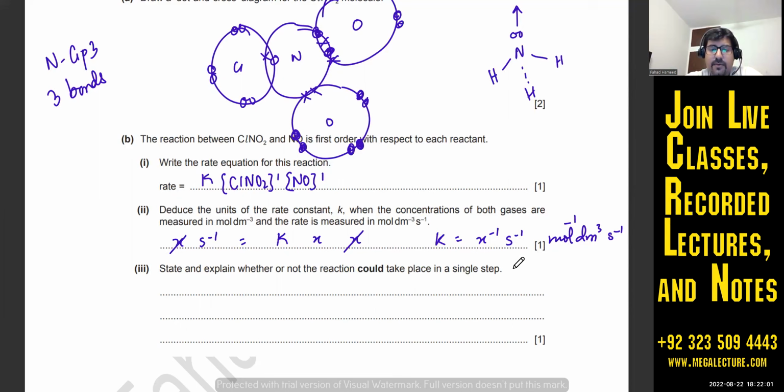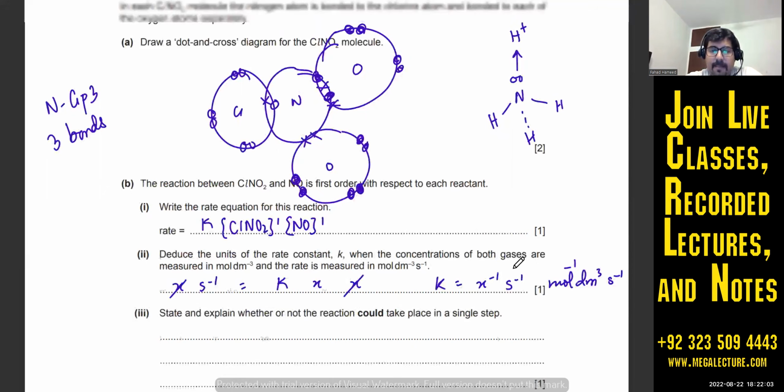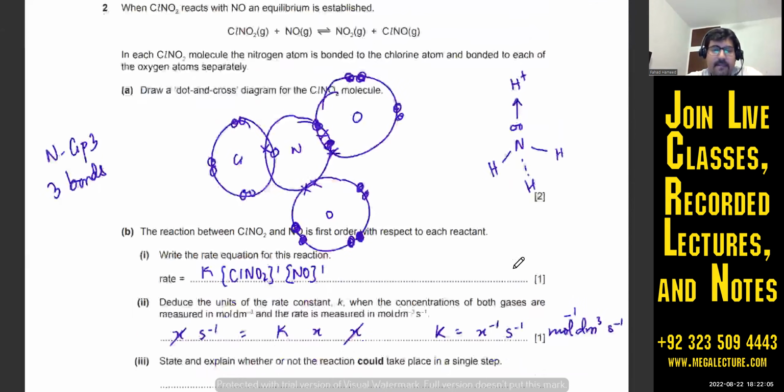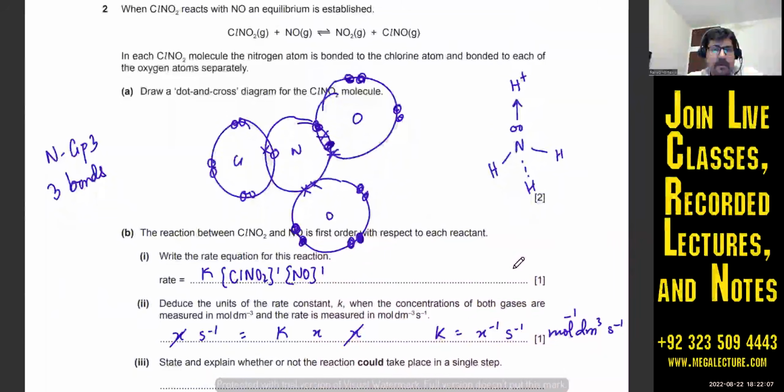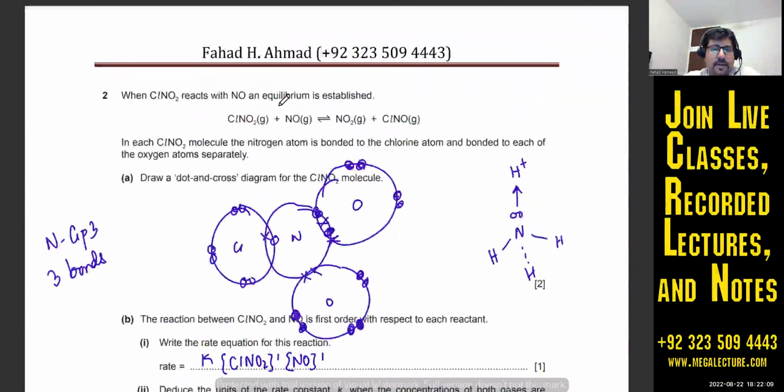State and explain whether or not the reaction would take place in a single step. So you've got a question here, single step. Yes, it probably can. Okay, let's say if it's order 1 with respect to both of them, right? So he's asking, can the reaction happen in one step? If it happens in one step, then that is the only step, right? बस एक ही step है ना, that's it. So this is the reaction, right?